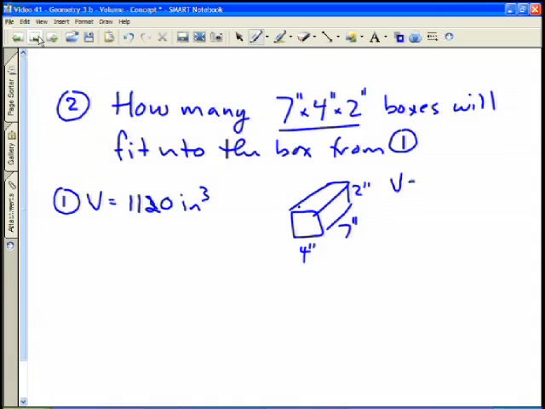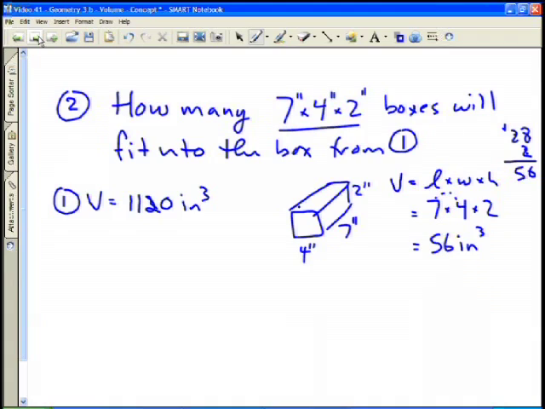And so volume is equal to length times width times height, which is 7 times 4 times 2. 7 times 4 is 28, and 28 times 2, 2 times 8 is 16, 2 times 2 is 4, plus 1 is 5. So we get 56 inches cubed.